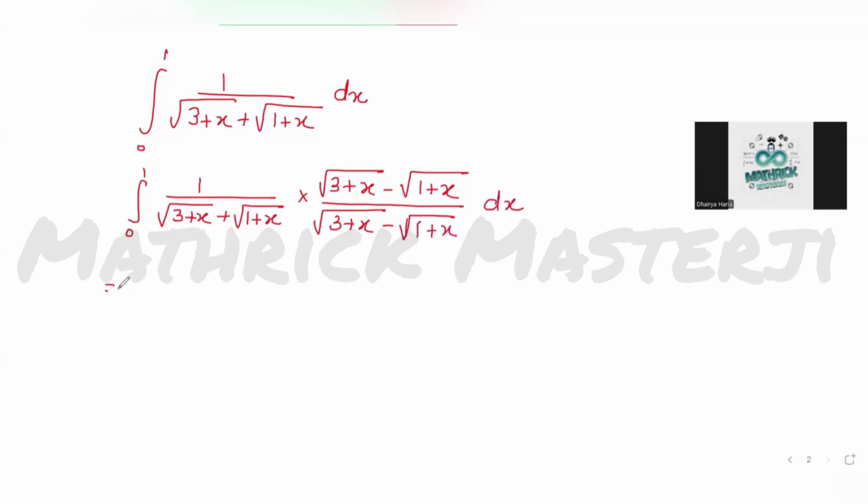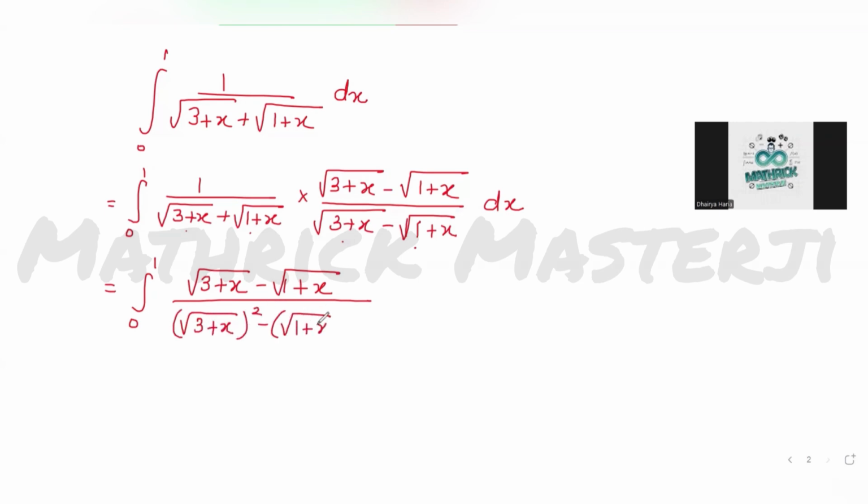I put the limits from 0 to 1, the numerator as it is. The denominator is a plus b times a minus b, which is a squared minus b squared.